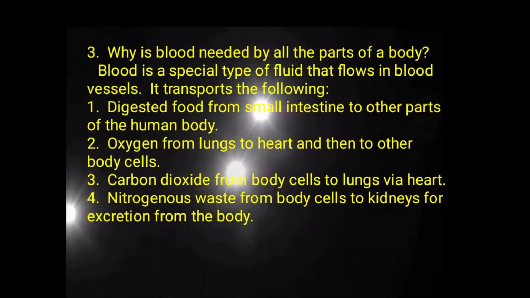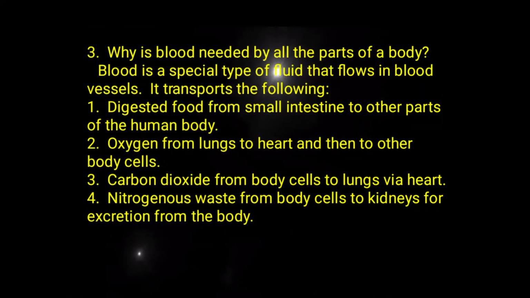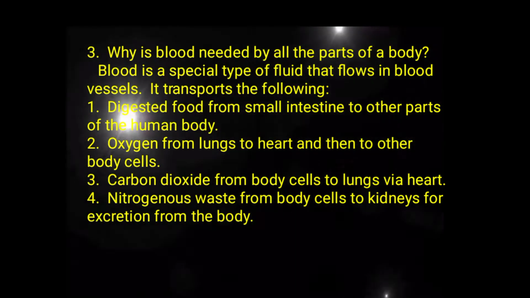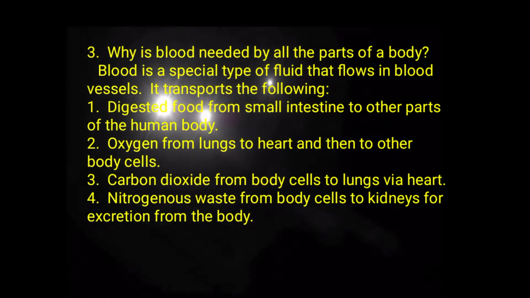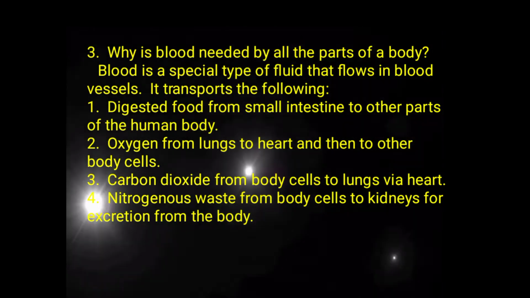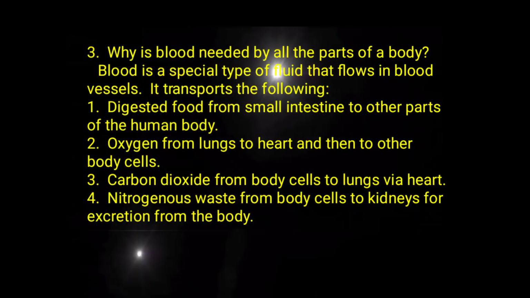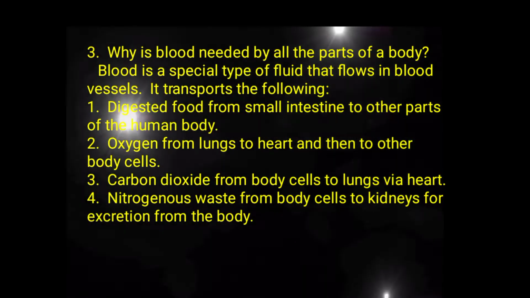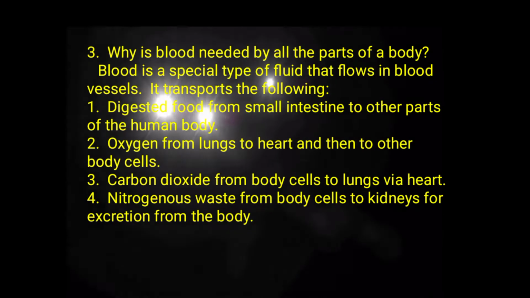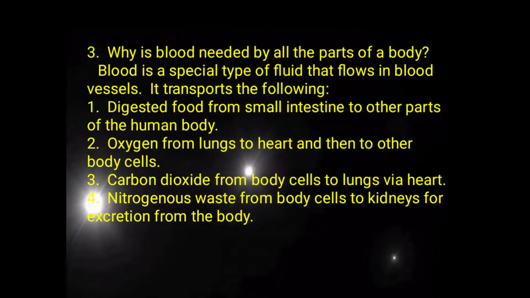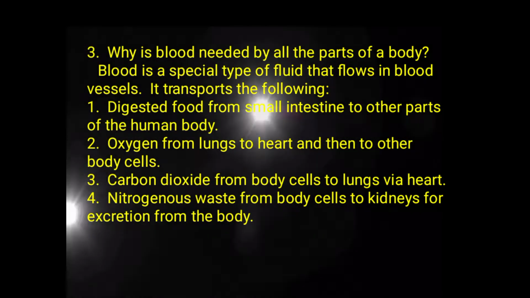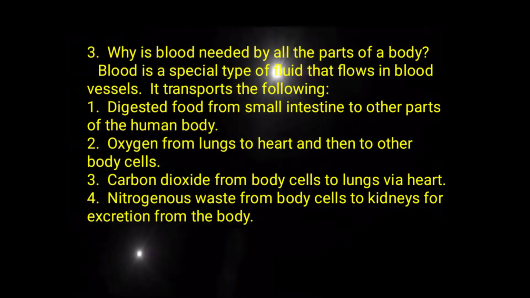The third point is carbon dioxide from the body cells to the lungs via the heart. It means that during cellular respiration the cell generates a gaseous waste called carbon dioxide, and that should be thrown out of the body. If not, it will be poisonous, right?